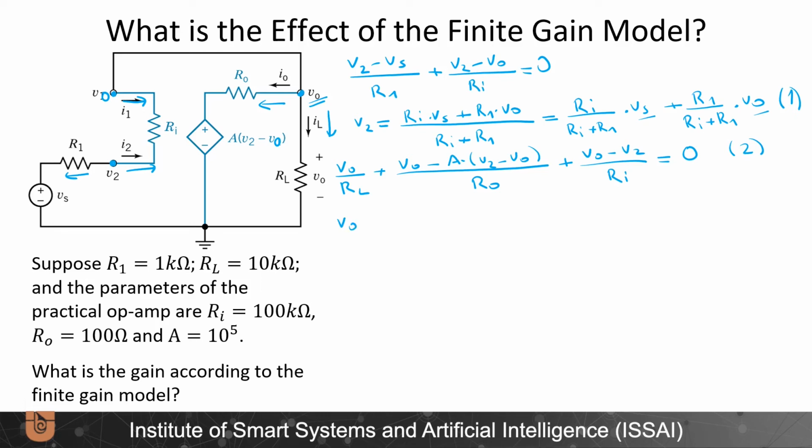Let us try to write this: V0 times 1 over RL plus A plus 1 divided by R0 plus 1 over Ri will be equal to, on the right side I have minus A times V2, so it will be a plus A over R0 plus, from here minus will become plus 1 over Ri times V2.